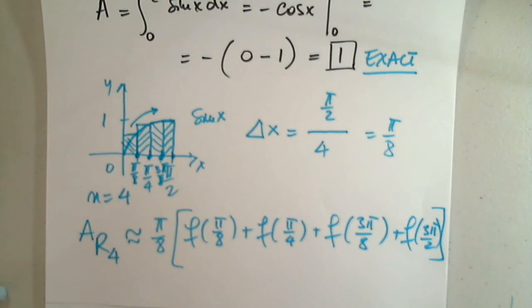And I'm going to plug in these x values. Pi over 8. Make sure that you are in radian mode. Okay, so back to my stats and edit. And I want pi over 8. I want pi over 4.